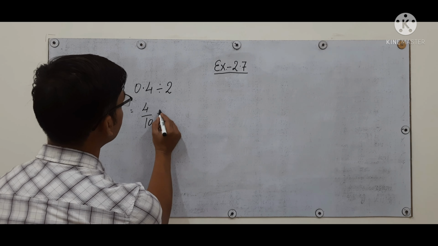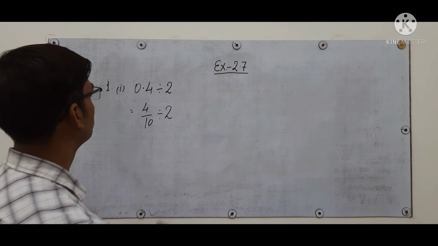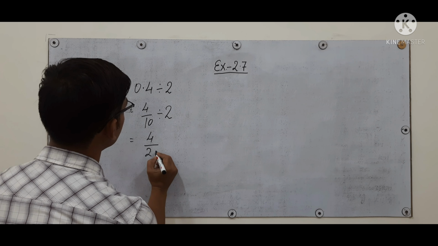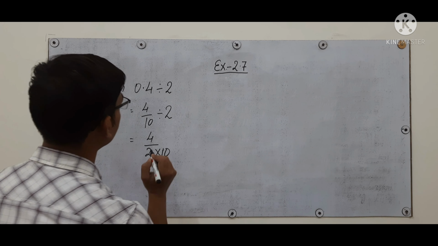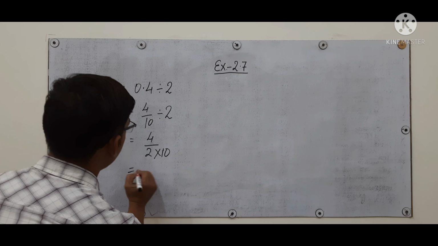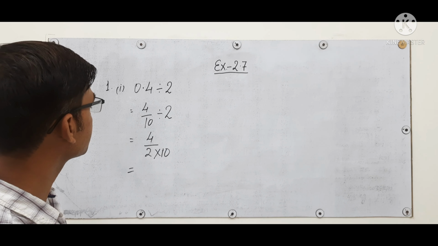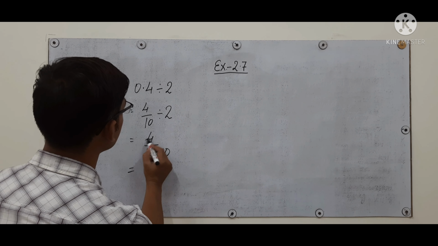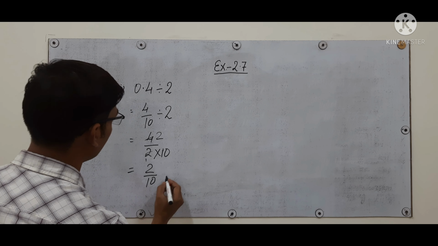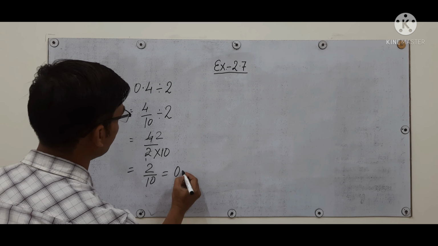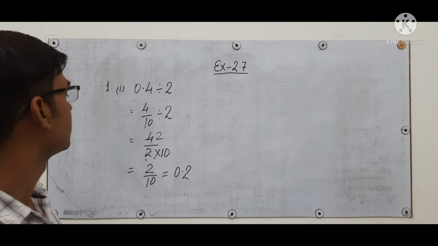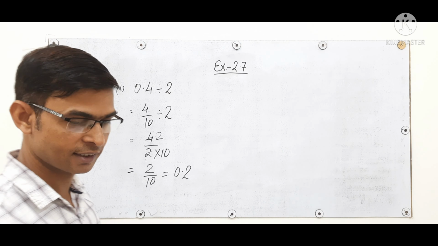Now it will be 4 upon 10 divided by 2, or we can write it as 4 upon 2 cross 10. Now we will express it in lowest form. 2 1s are 2, 2 2s are 4, so it will be 2 upon 10, which is equal to 0.2. In this way you can solve these decimal fractions.